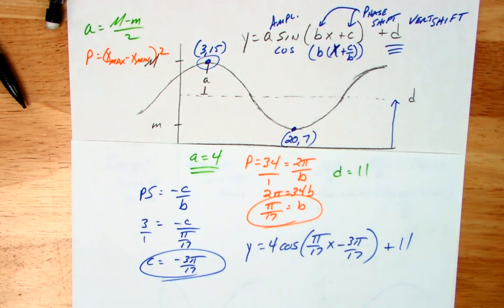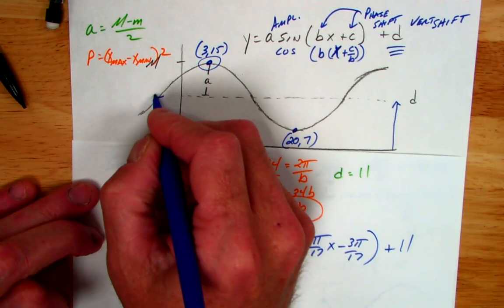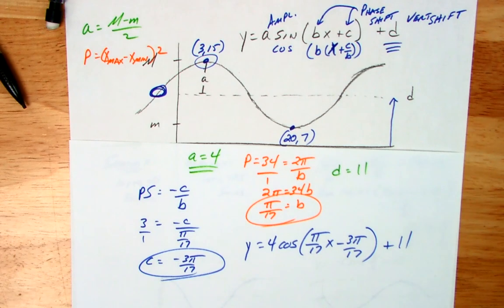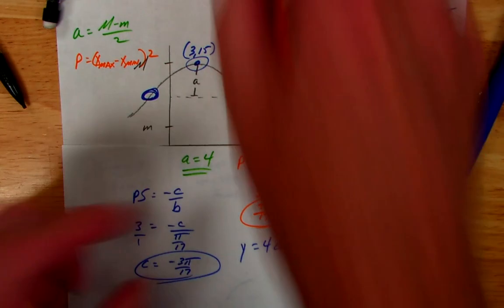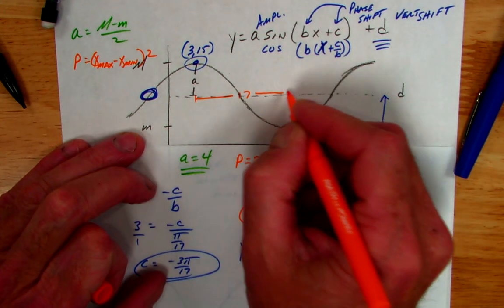Okay, we don't have much time, but could I have done this with a sine graph? I actually could have, but here's what I would have had to find. I would have had to find this point right here, which I could have done. Because from here to here, this was 17.